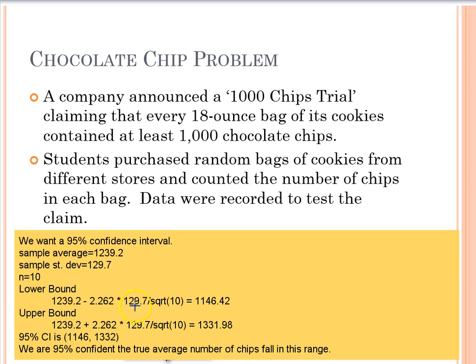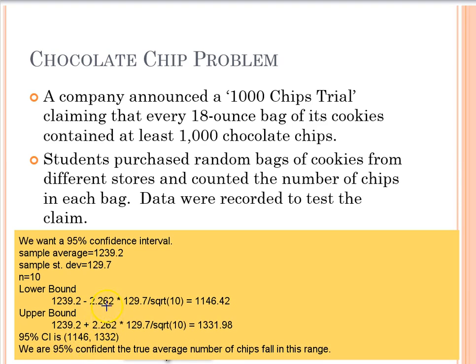Here I've just plugged in the sample standard deviation. Again, I don't have to square root this because it's already square rooted. I only have to square root the sample size. And that's going to give me a lower bound of about 1,100, an upper bound of about 1,300. So we can be 95% confident that the true average number of chips falls within this range.